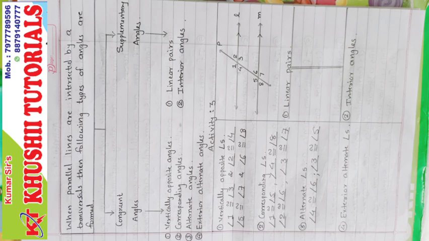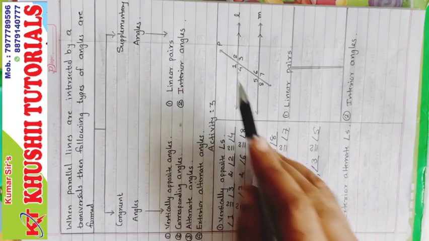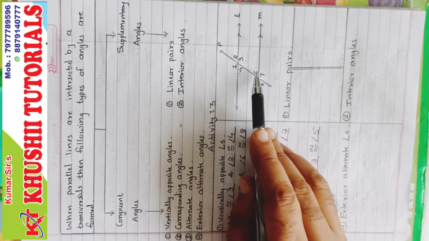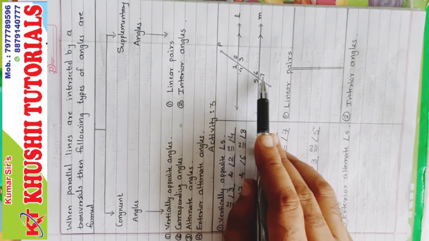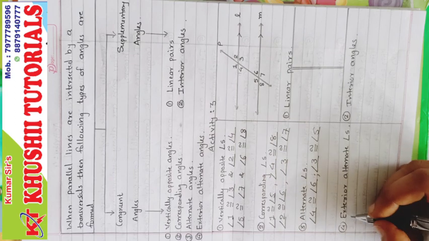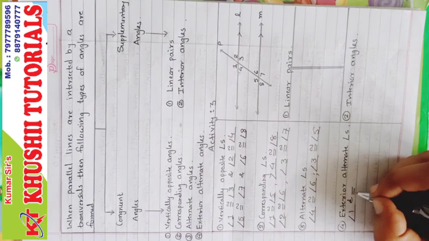Now exterior alternate angles. I have explained this earlier. First you have to think of alternate angles and then their linear pairs. Like 4 and 6 are alternate angles. What is the linear pair of 4? 1. And what is the linear pair of 6? 7. Right? So 1 and 7. So exterior alternate angles are angle 1 and angle 7. They are congruent, so we'll put congruent.